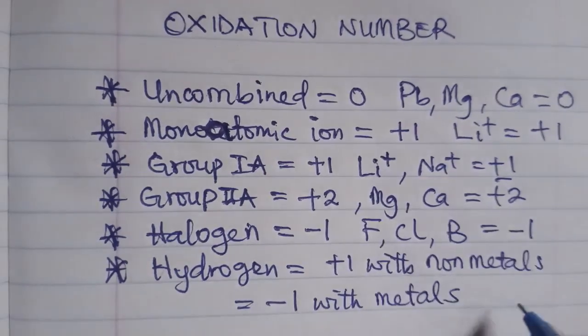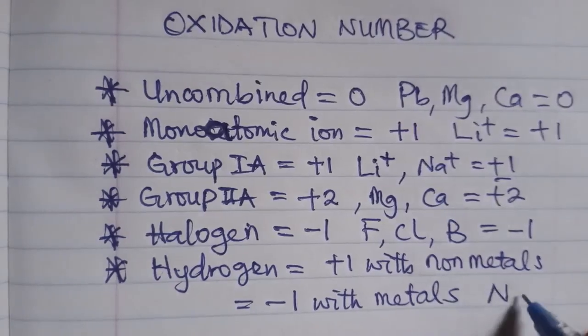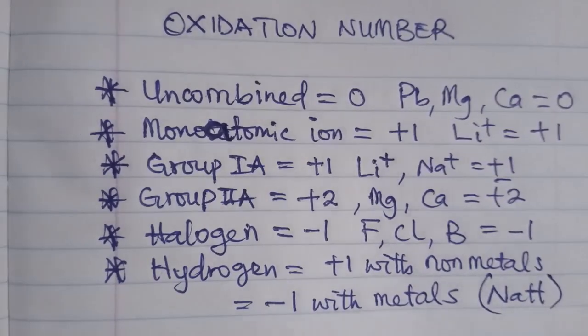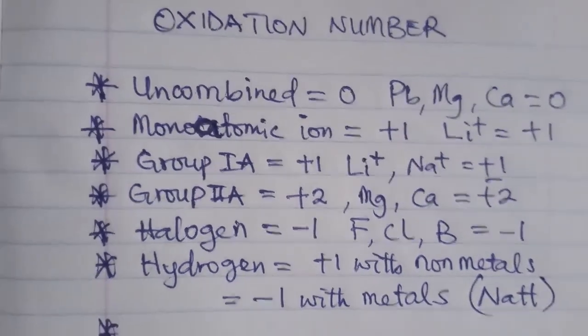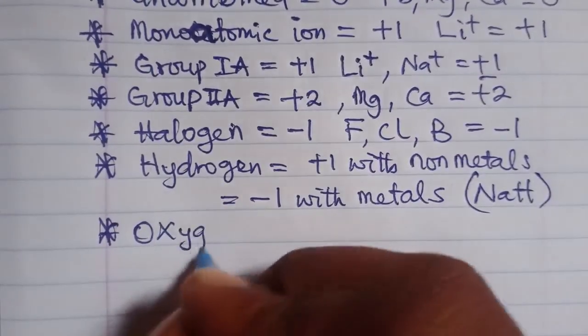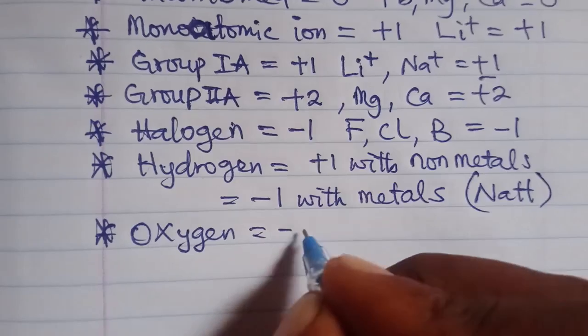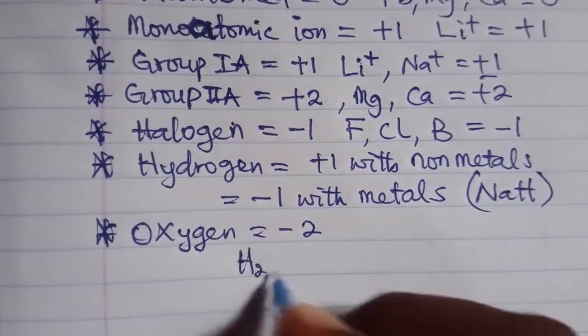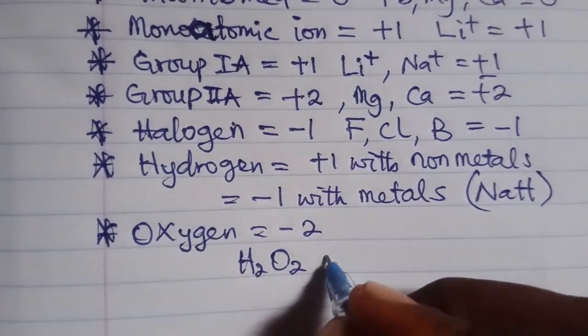For example, sodium hydride, with metals it is -1. The next one is that oxygen is usually -2, except in peroxides. In peroxides it is -1.